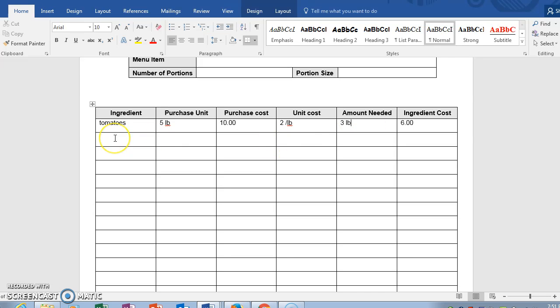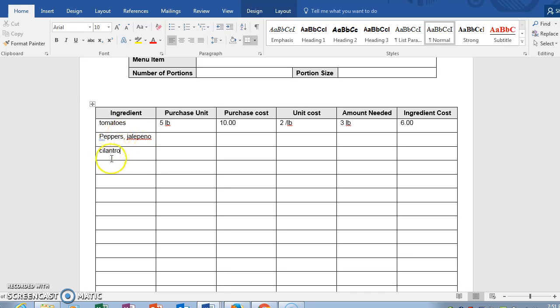Alright, so how you're going to find this, as you pick your recipes, you list all of your different items through here. Maybe you had tomatoes, maybe you had some peppers. Let's just say we're going to make some salsa. So we need some tomatoes, we need some jalapeno peppers, and we need some cilantro.